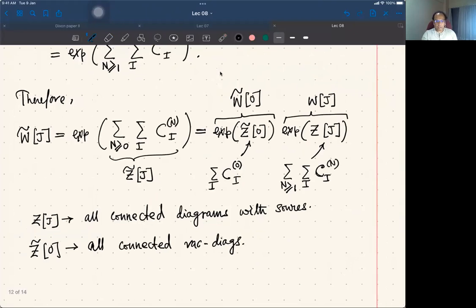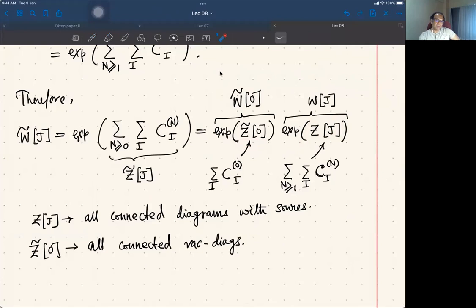You don't have Z of j equal to 0 here, because W of j equal to 0 is 1, so Z of j equal to 0 is 0. It does not contain any connected diagrams that do not have sources, right? And these are all here.